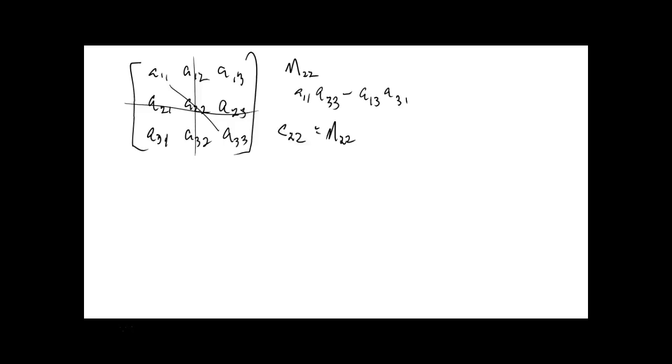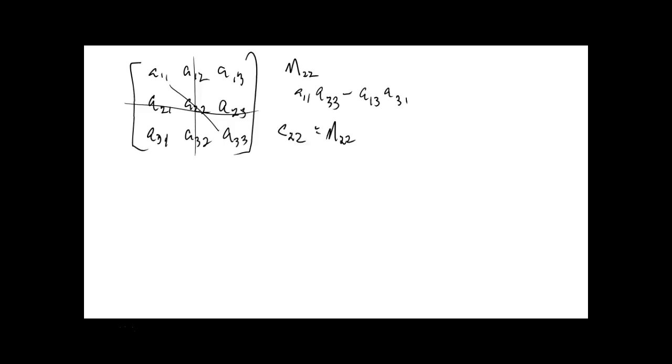Plus, minus, plus, minus, plus, minus, plus, minus, plus. Or any way you do it, as long as you don't go diagonally, if you go horizontally and vertically and don't repeat, don't back up on yourself, you are going to always get it right that way.